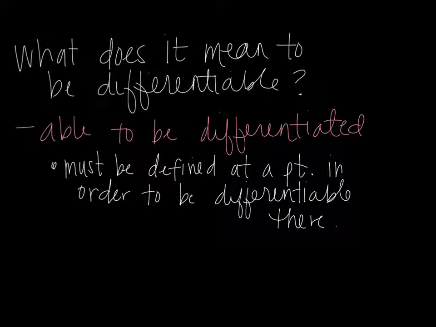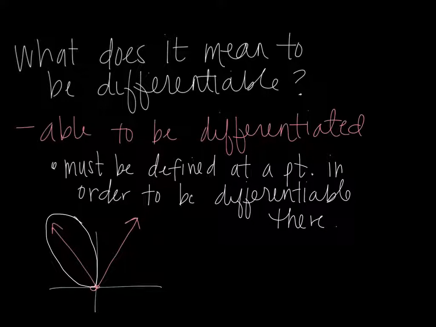So for example, if we take a look at the absolute value function, it's not differentiable at 0, so absolute value of x is not differentiable, but it is differentiable maybe from negative infinity to 0 or certain pieces of the function. So basically I was just looking for the fact that it's able to be differentiated.